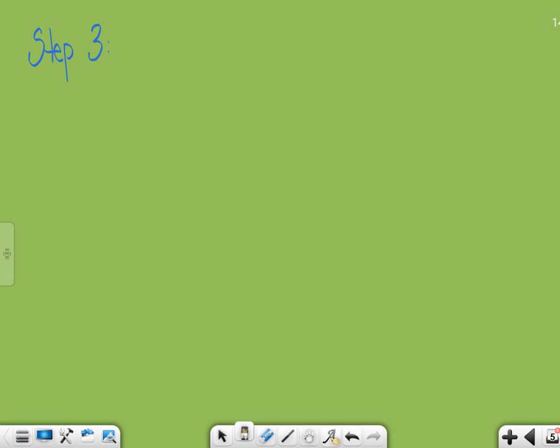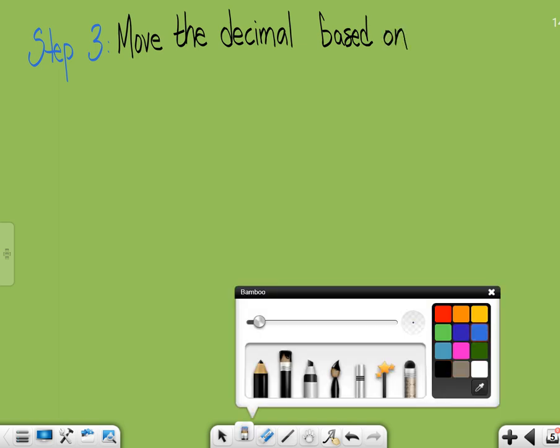So I've got step 3, which is now move the decimal based on step 1.